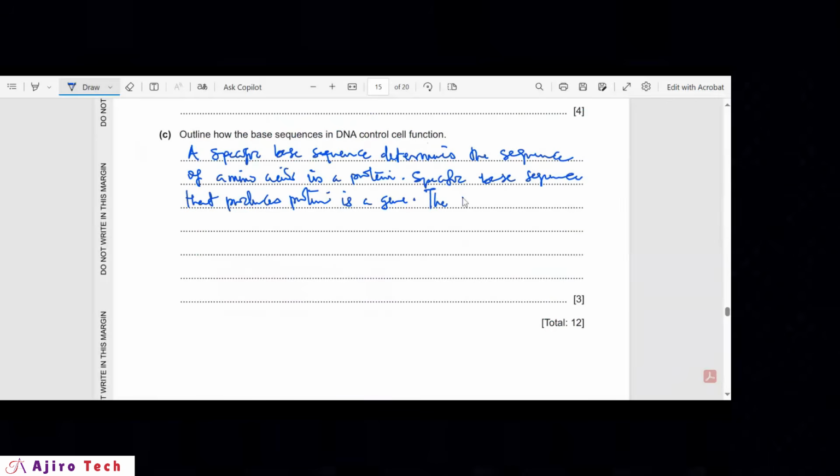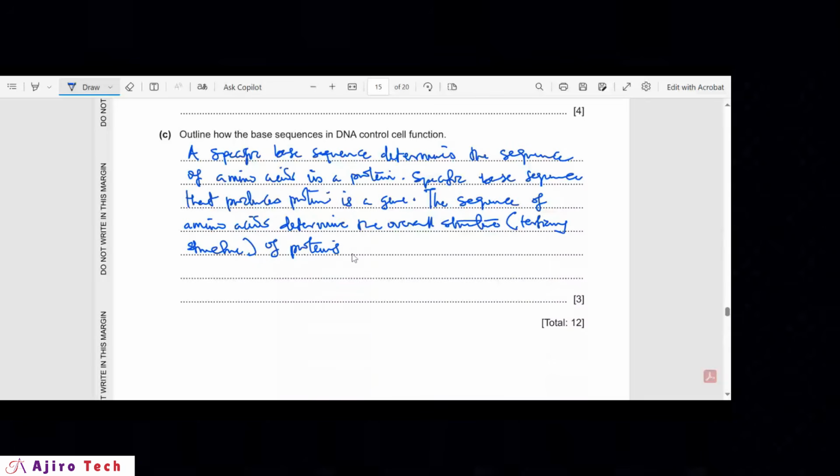A sequence of amino acids determines the overall structure of proteins, right?